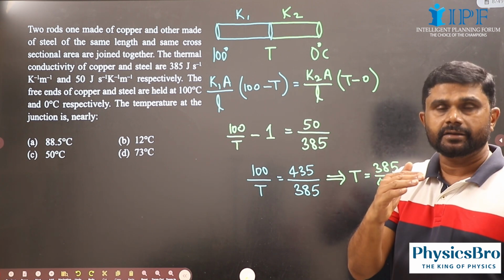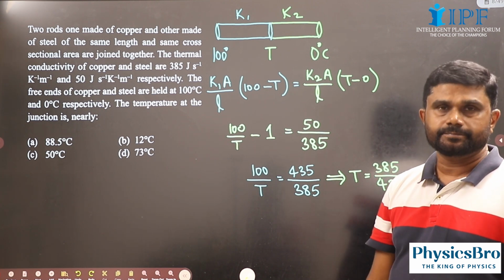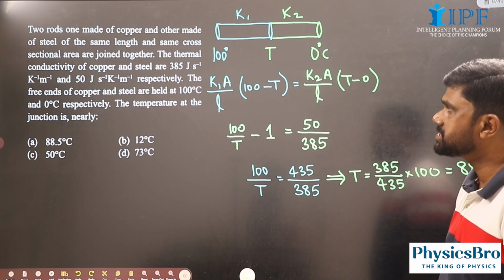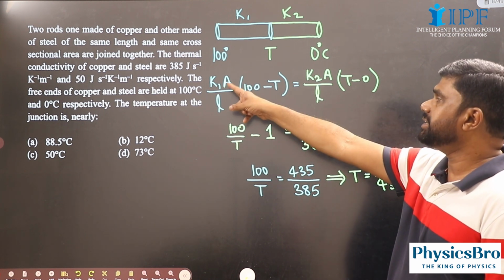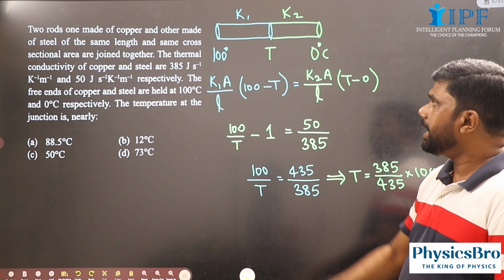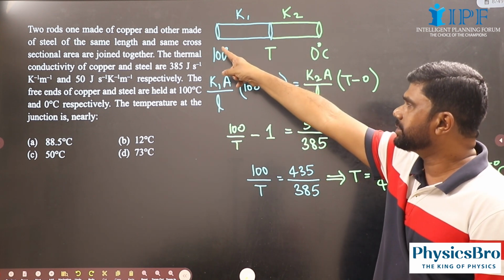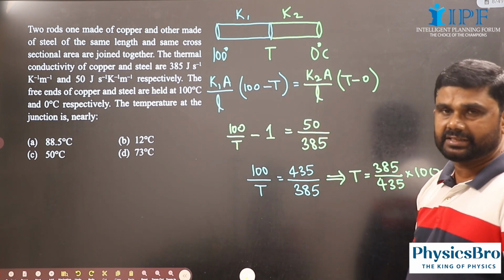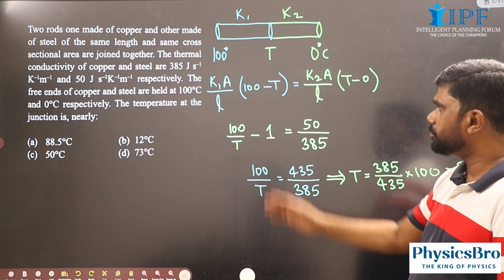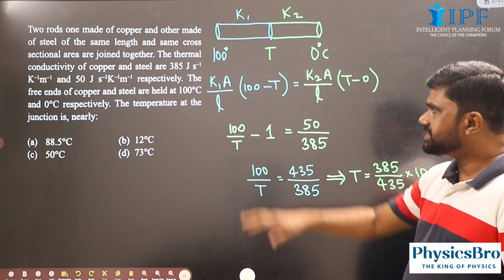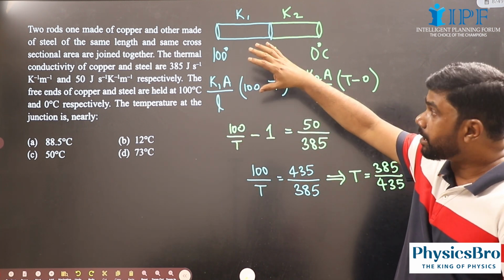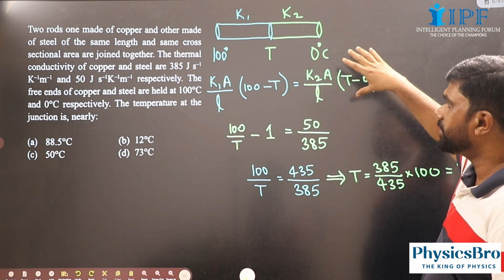Now see, how do you find the rate of flow of heat? It is KA (T1 minus T2) by L. So for the first, copper rod, K1A by L, and the temperature at one end is 100 and at the other end it is T, so it will be 100 minus T. This is the rate of flow of heat through the copper, and this is the rate of flow of heat through the steel.